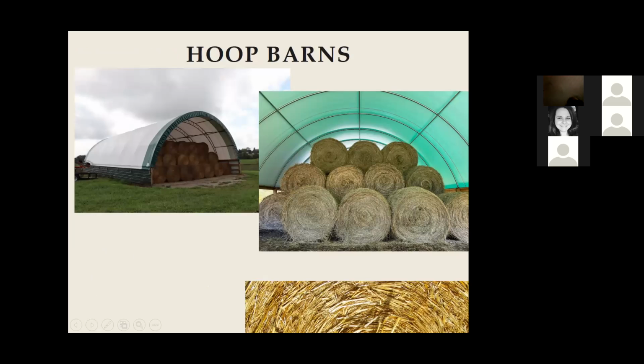Next, we have hoop barns, which many of you all probably see. There have been several pop up throughout our counties. Thank you to the cost share program. But for many people, this is an easy way to store your hay under shelter. They are pretty cost efficient, and as you can see, they come in different sizes, and they are mainly used for round rolls.